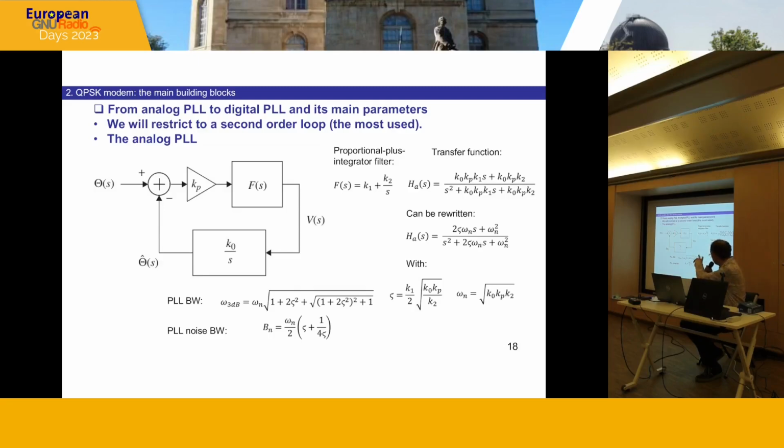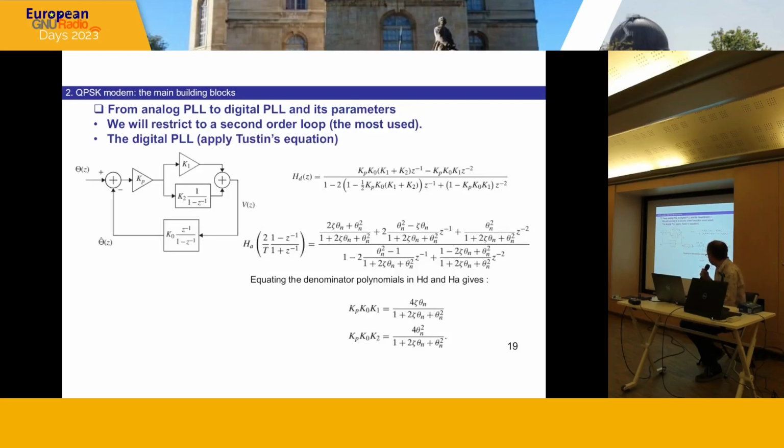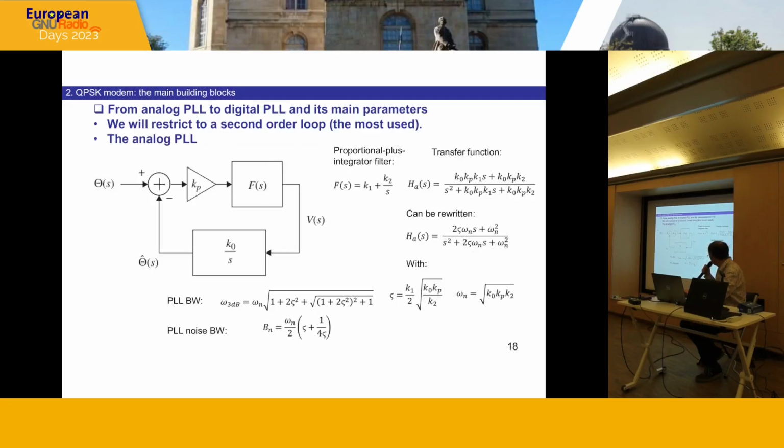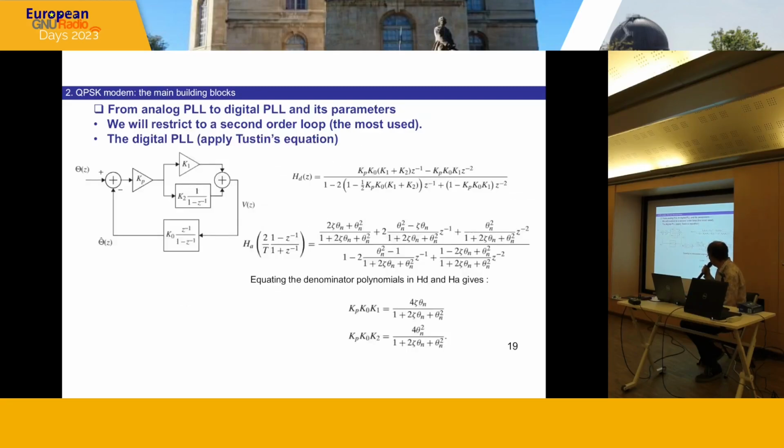Now what we want to do is transform this analog PLL to a digital PLL. The digital PLL is represented here on the left. It gives you the transfer function that you've got on the right. It's called HD.